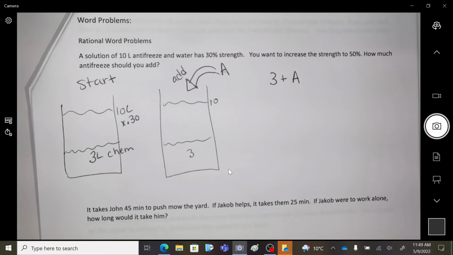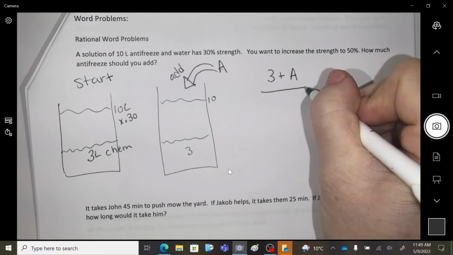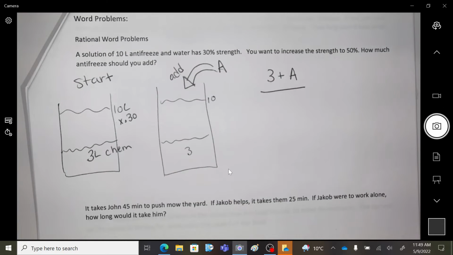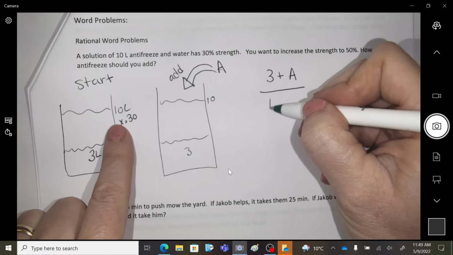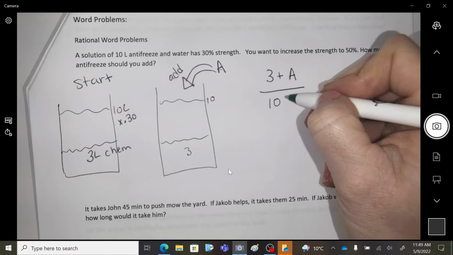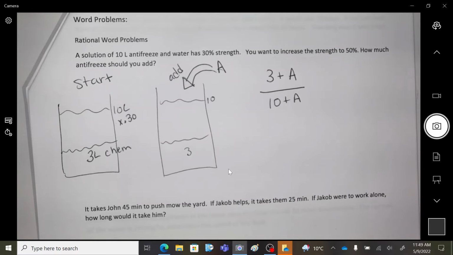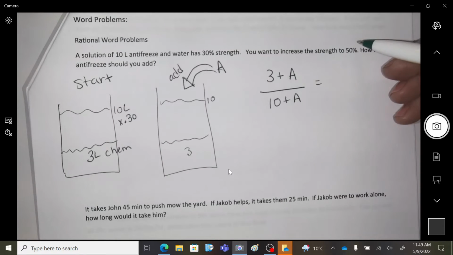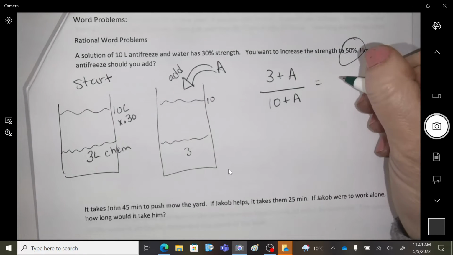So I had 3, and I'm adding more, don't know. Total fluid: at the start, I had 10 liters, but as I poured antifreeze in, the fluid went up in the jug, right? The goal is to end up at 50%.